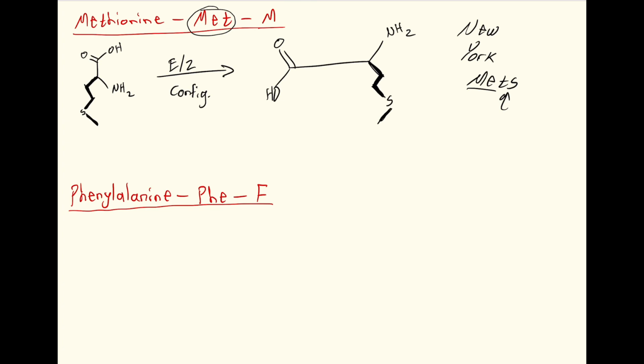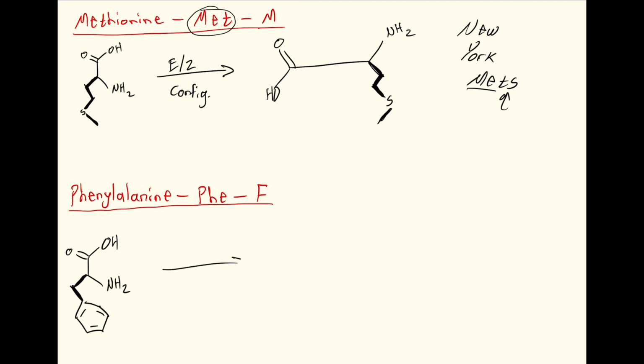But instead of putting the V, you're going to put your benzene ring, right? So here we go. OH, O, NH2. There's that, right? Like in valine, but now you're going to draw your benzene ring. Okay, there you go. That's phenylalanine.